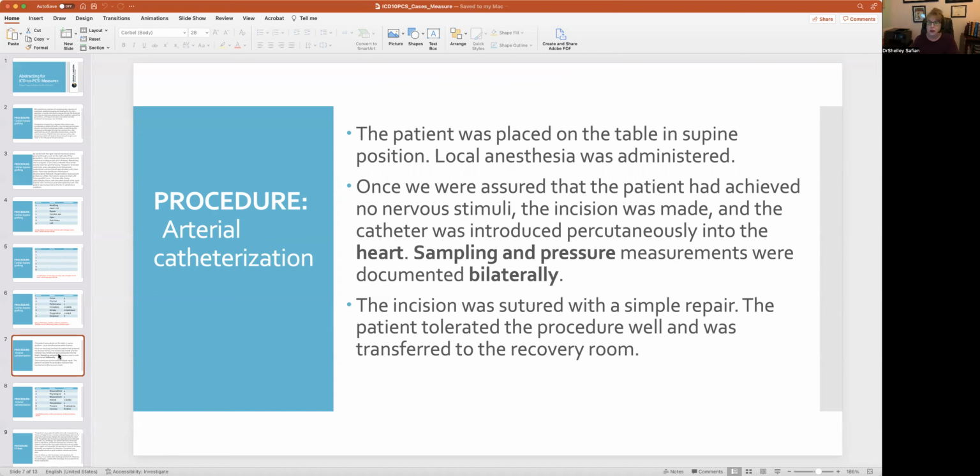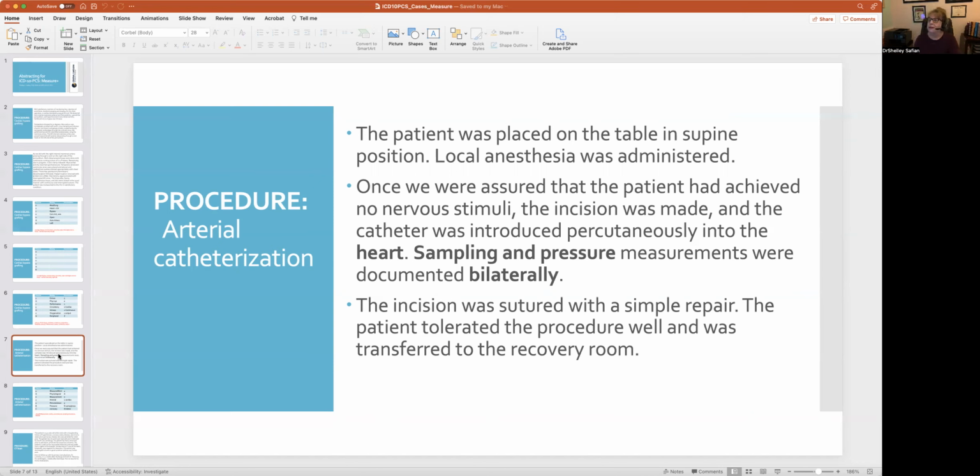Arterial catheterization. So you remember from medical terminology, that means insertion of a catheter into an artery.